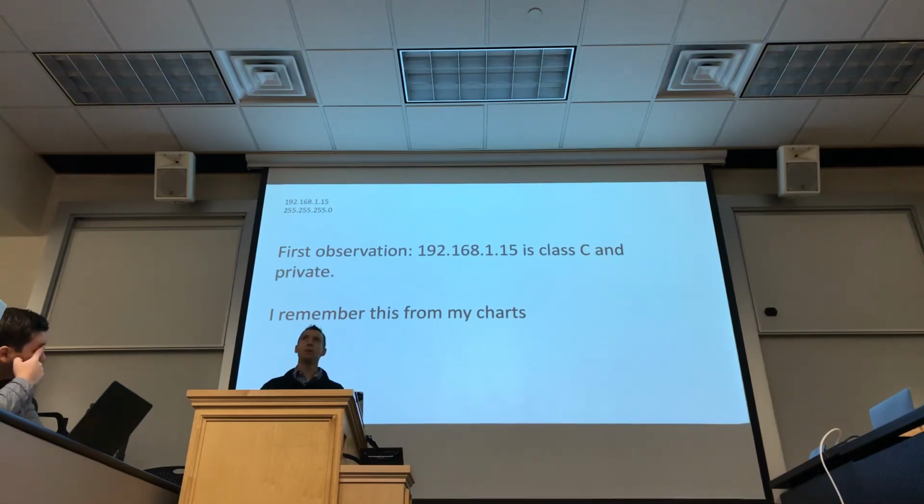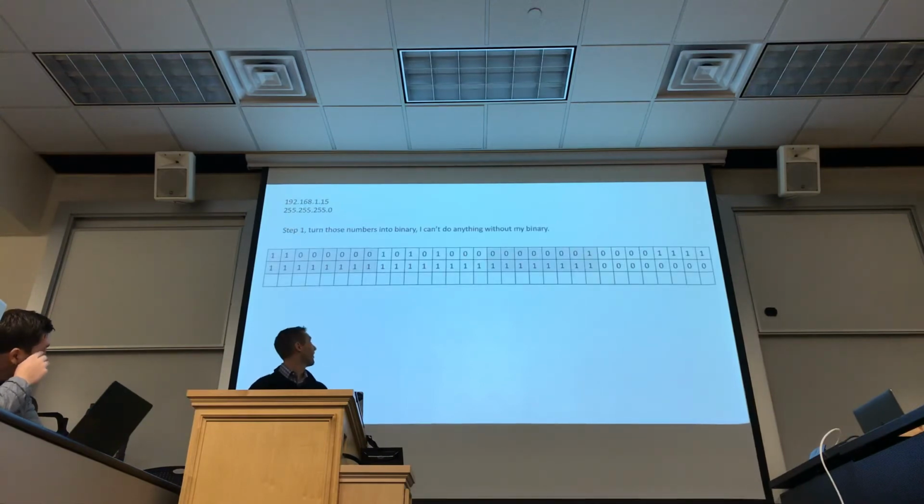So I'm going to start off with the 192 Class C address first. First thing I know is that it's a Class C address. Why? Because I've supposedly memorized the table. So maybe that's in question now. Okay, step 2, we convert this. With our subnet masks, we convert them to binary before we move forward.